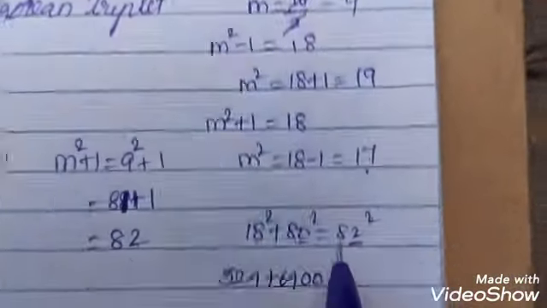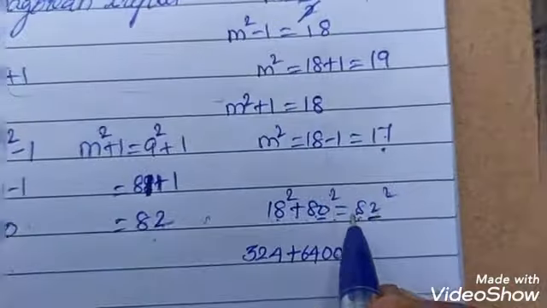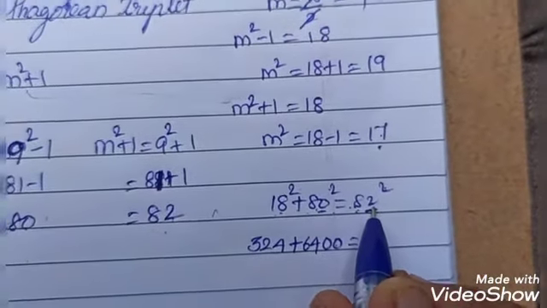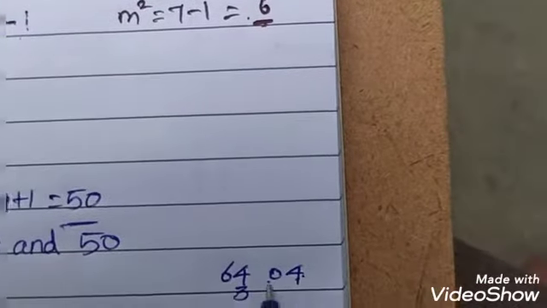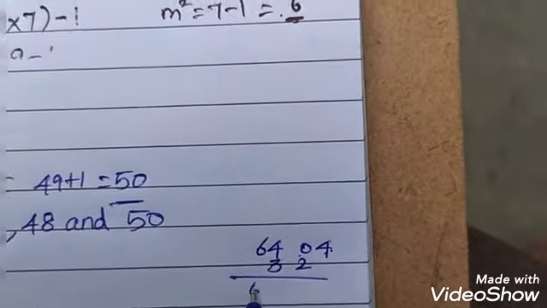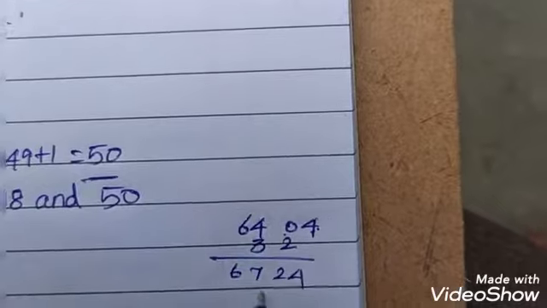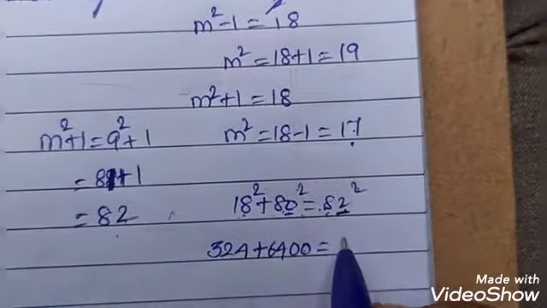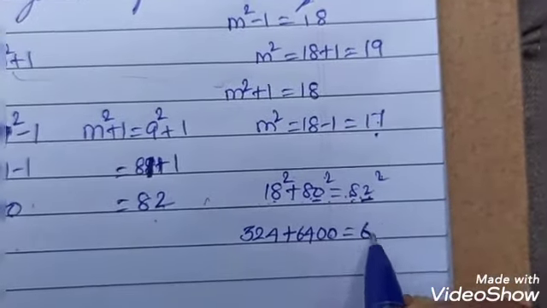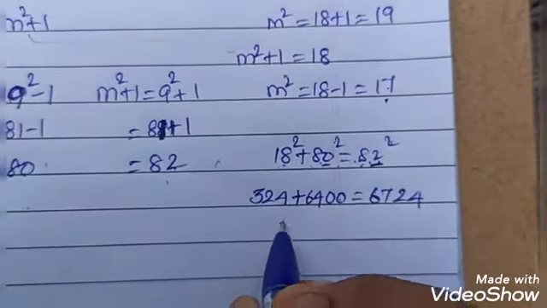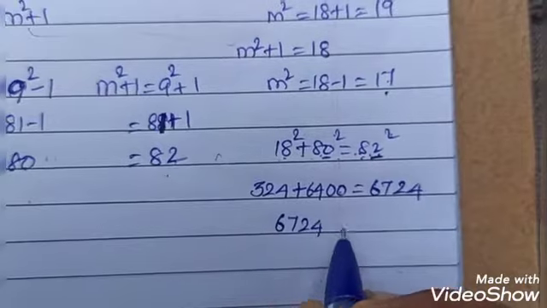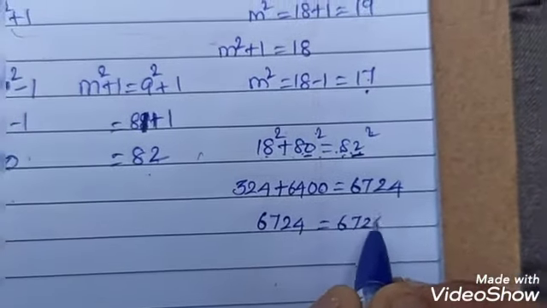Then multiply the digits: 8 2s are 16, and the doubled value is 32. You add this 32 here, so 6724. Now the squaring value of this one is 6724. Adding, you get 6724 equal to 6724.